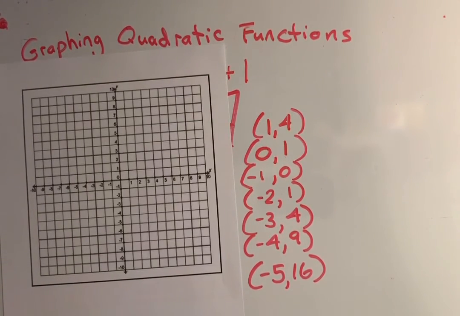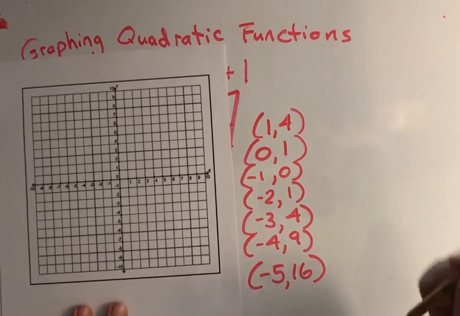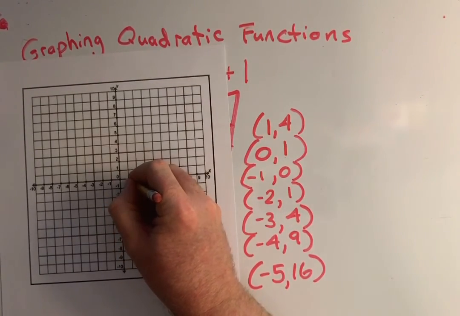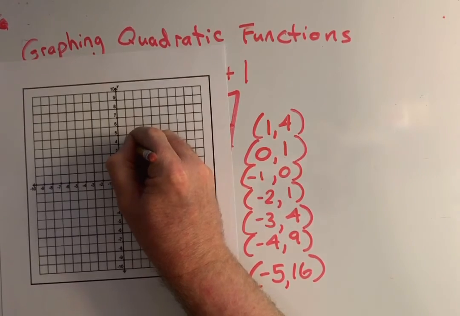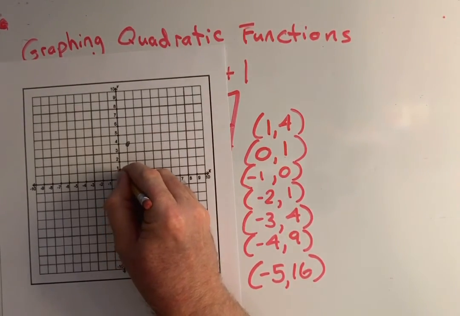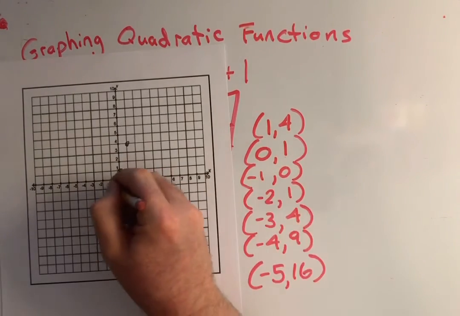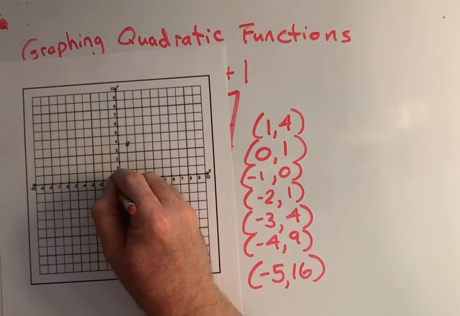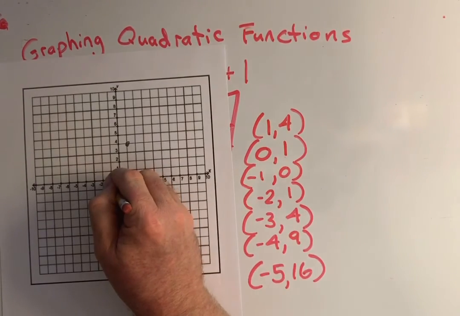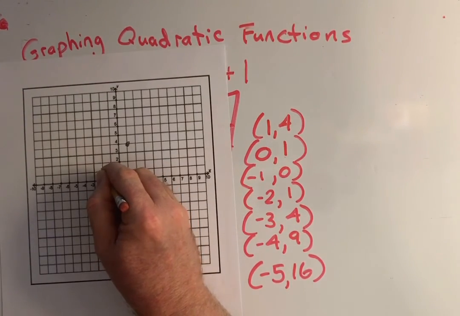All right, so let's see. The first one we got 1, 4. So we go to the right 1, we go up 4. We go 0, 1. We go negative 1, 0. We go negative 2, 1.